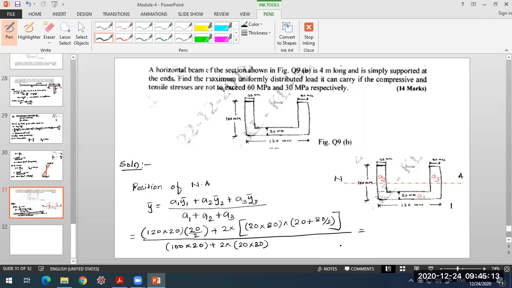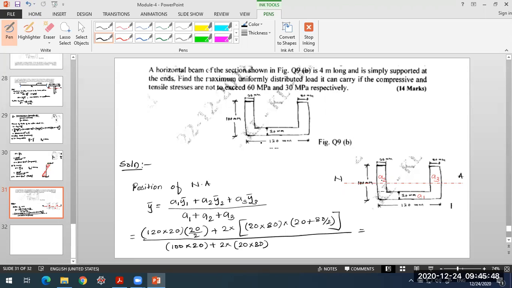So if you calculate that, 120 into 20 into 20 by 2, that is Y1 bar, plus 2 into 20 into 80 into 20 plus 80 by 2, and whole thing divided by the total area, which is 100 into 20 plus twice 20 into 80.